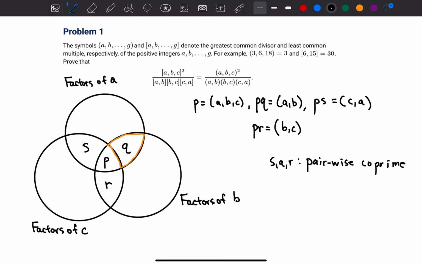For a set of three elements, any two elements in every pair will be coprime. So GCD of Q and R equals 1, GCD of Q and S equals 1, and GCD of R and S equals 1.